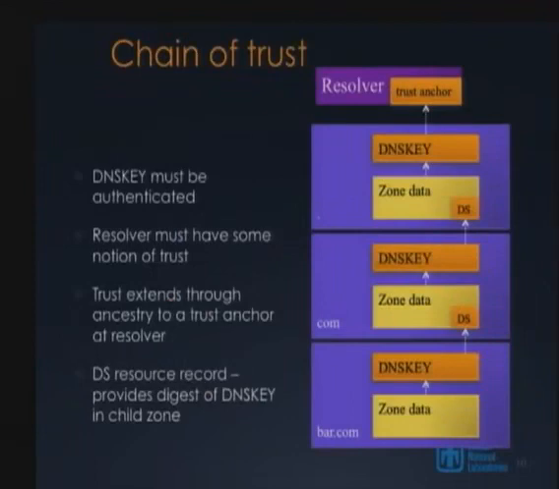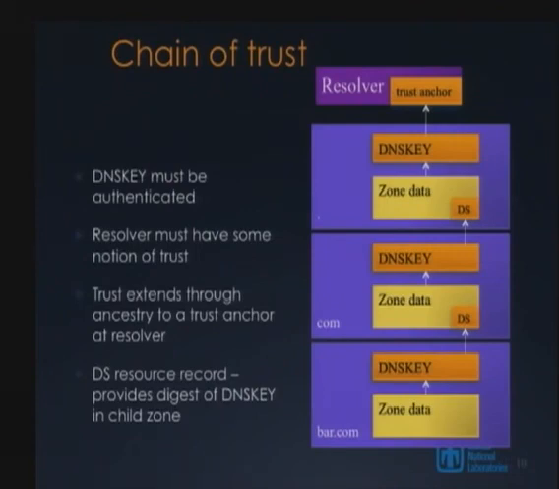And the trust anchor refers to the key, so you know that the key is valid, and then you form a chain using the example here from bar.com. Your zone data is signed with the DNS key, so that's what the arrow represents. And then you use what's called a delegation signer or a DS record in the parent zone, which maps to the DNS key with a hash of the DNS key.